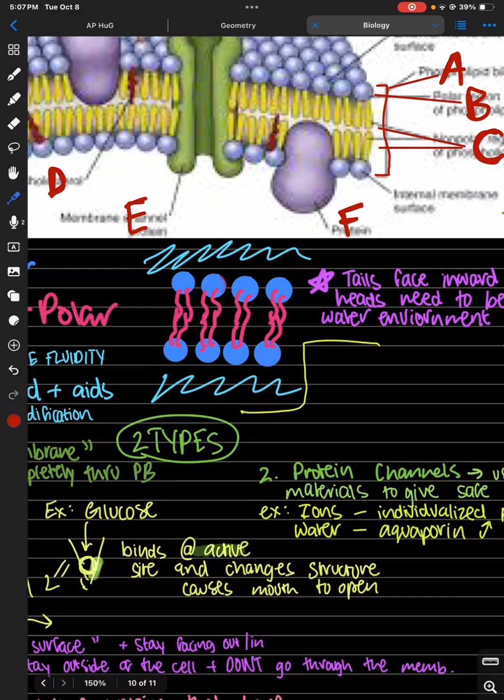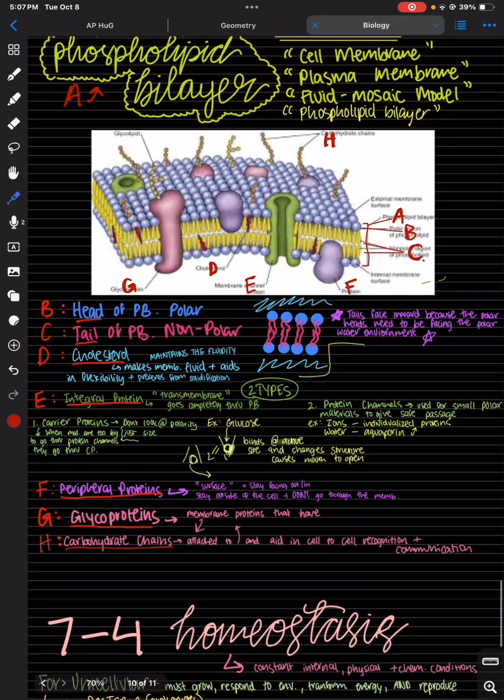So the head right here, I drew another model. These heads are the blue, and the tails are the pink, okay? The heads are always polar, and the tails are non-polar. Because the heads are polar and the tails are non-polar, the tails all face inward to each other, because these blue polar heads need to be facing the polar environment around it, for example, water.